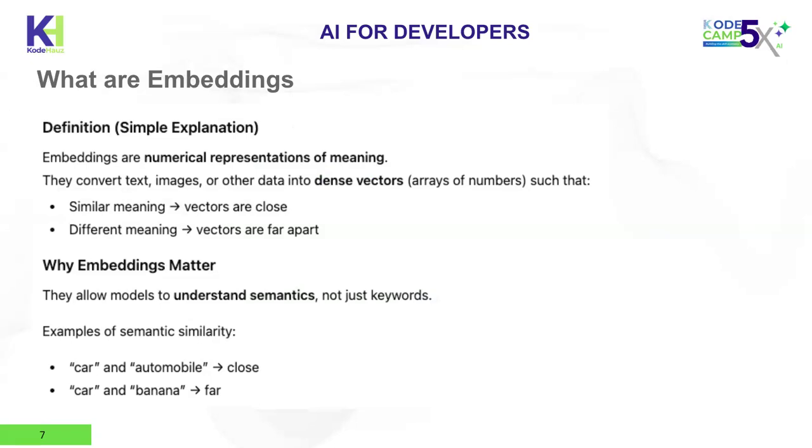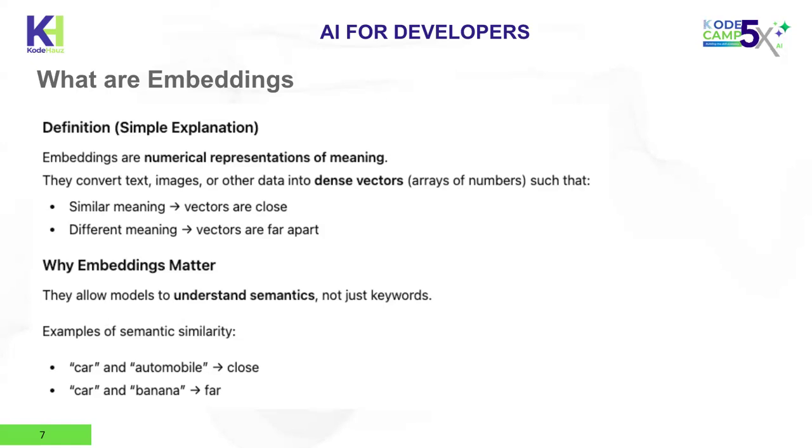But what happens is that this information that comes in raw form, like text, image, sound, audio, it could even be any other format that you like, would be converted into an array of floating point numbers, which we call a vector.